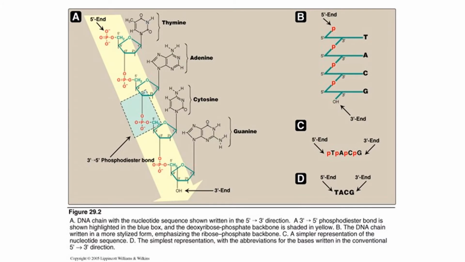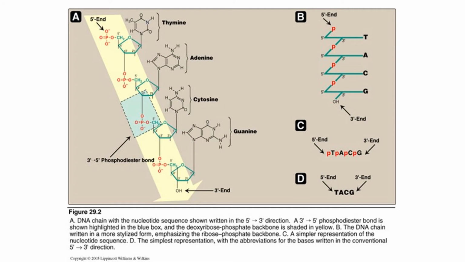In the figure, the yellow arrow shows the direction of the formation of the polynucleotide chain, while the blue box shows the phosphodiester bond, where the 3' and 5' have been bound together, while the direction will remain 5' to 3'.